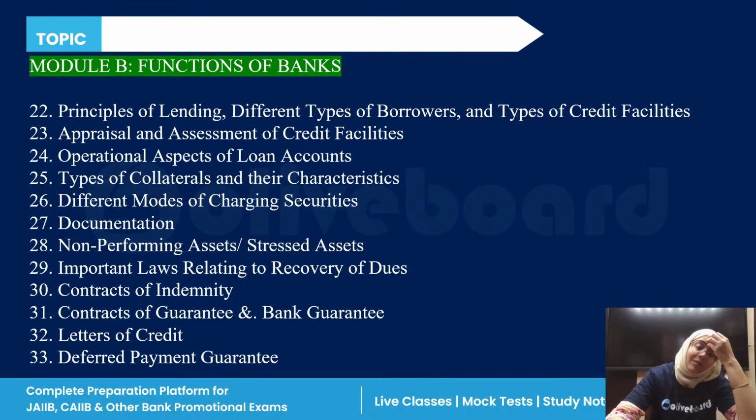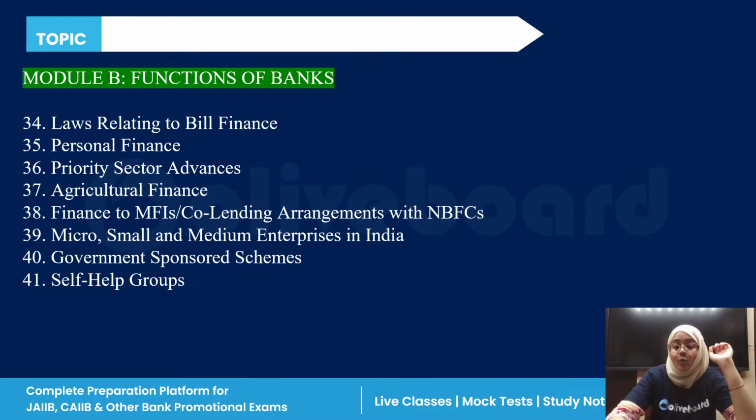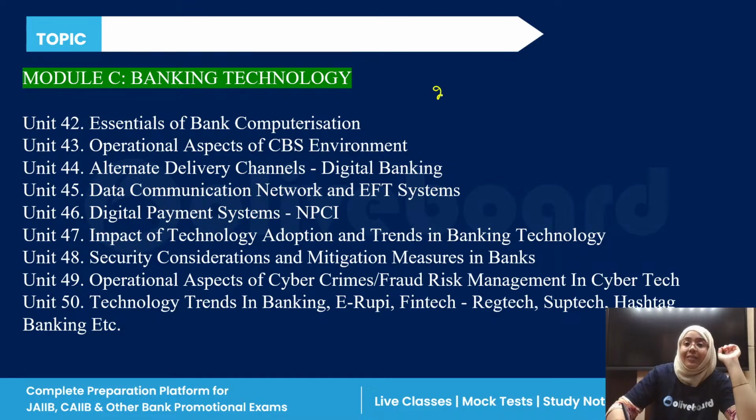Then we have module B, functions of bank. Module B again has approximately 20 units, right?